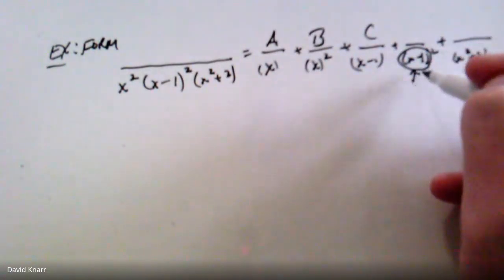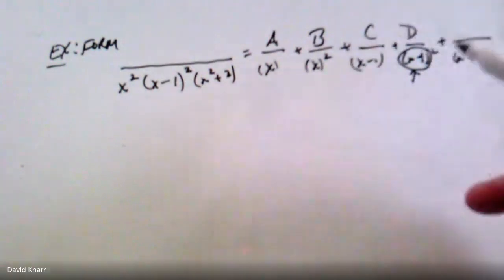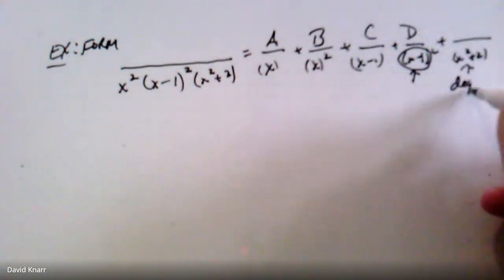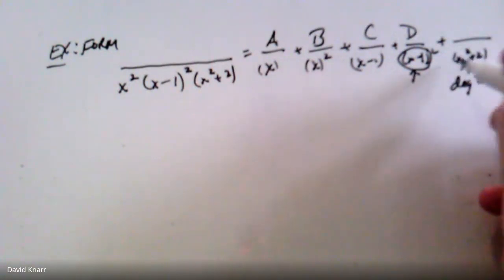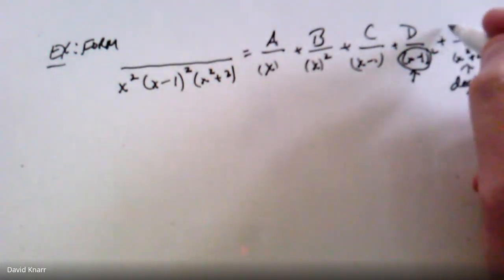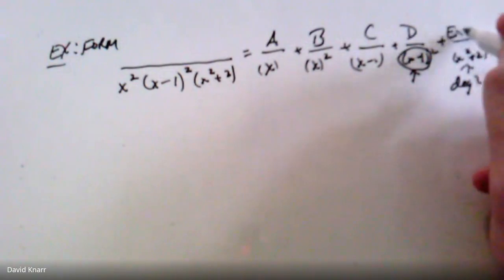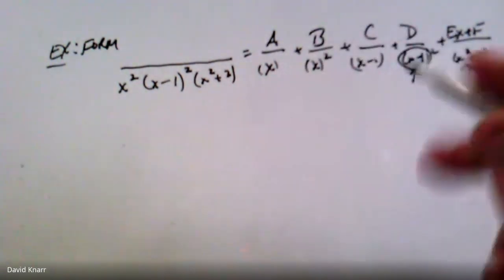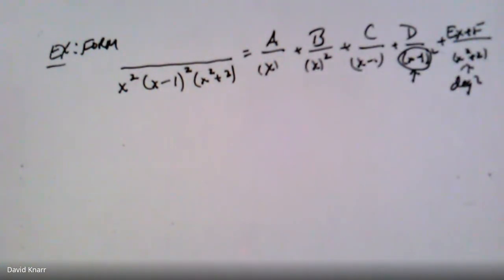I just care that this factor is linear. On top goes d. And here is a quadratic factor. This is degree 2. X squared plus 2 is all grouped together. On top, you put something linear, ex plus f. All right, that's how you would set up your fractions to be ready to go.